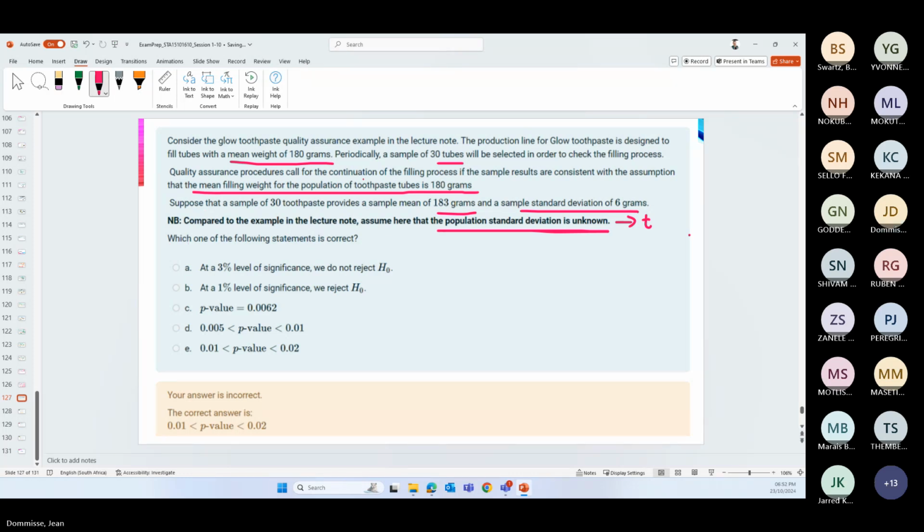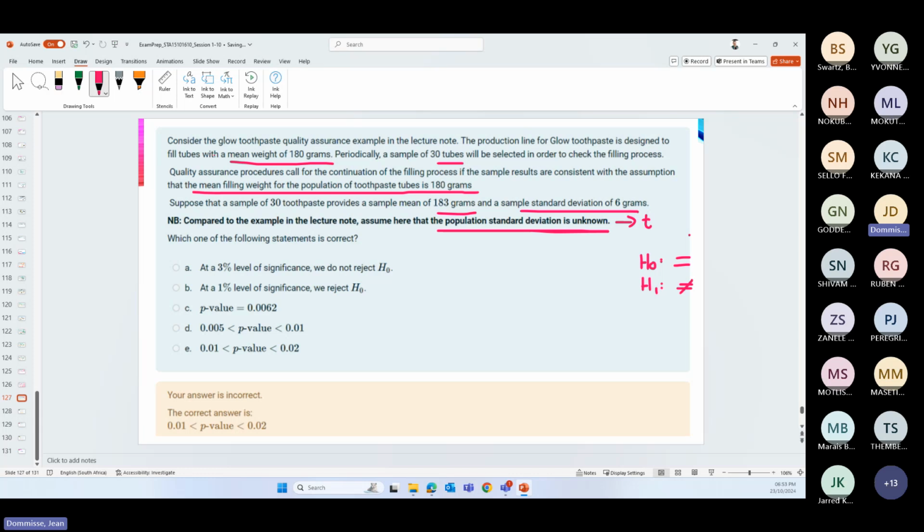Okay, so consistent with the assumption that the mean filling weight for the population is 180. At the moment for me, the null hypothesis is equal and the alternative is not equal to.